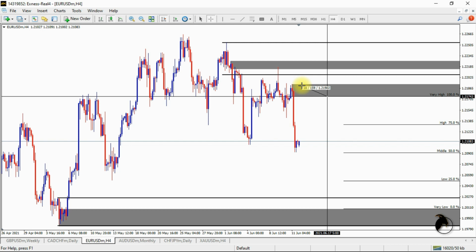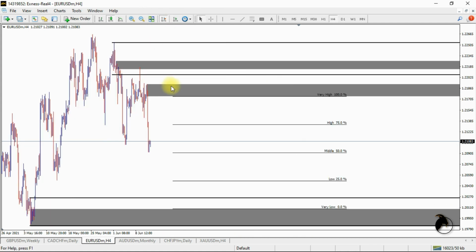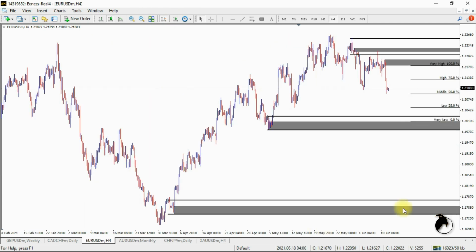That's a lot. If you're using risk management, this is a highly profitable setup for you. This is your time to shine now. Okay, so this will be your first TP, and your second TP will be right here on this zone.